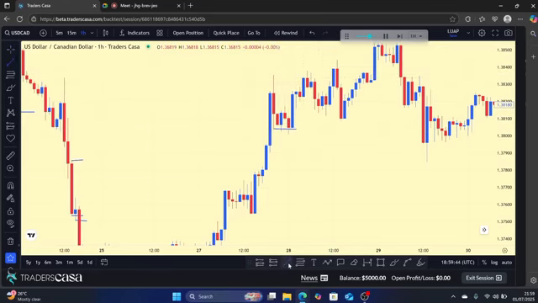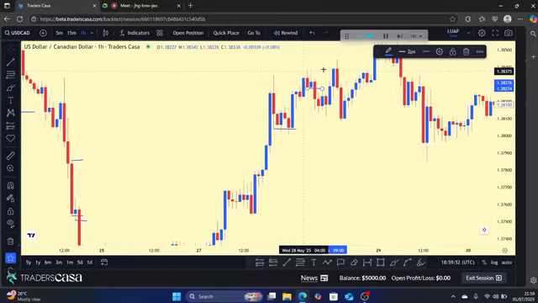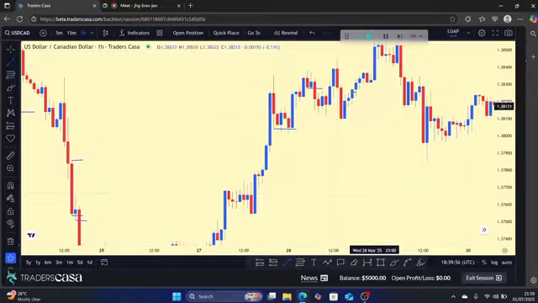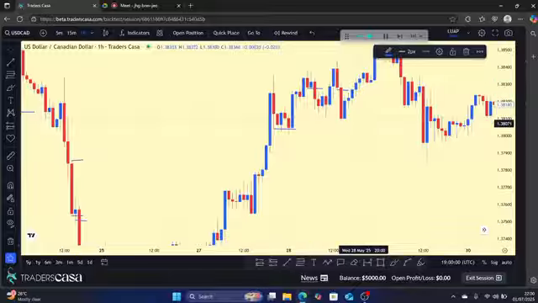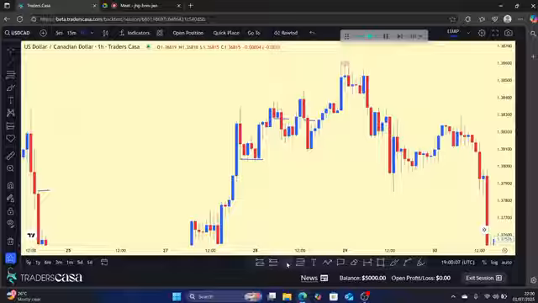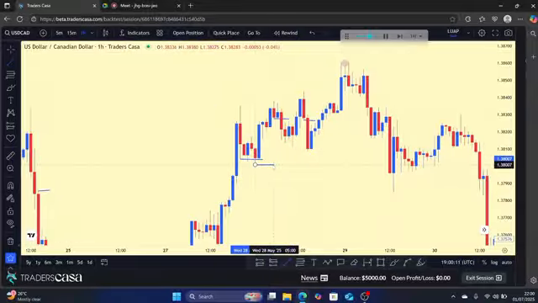After that, price broke past the lowest point of this candle exactly right there. Again, same scenario. So all of these are pullbacks, and the lows of these pullbacks are here. This is the first pullback.